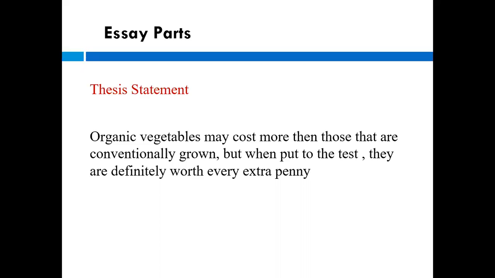But when put to the test, they are definitely worth every extra penny, right? So here, the thesis statement sets up the two subjects to be compared and contrasted, organic versus conventional vegetables. And it makes a claim about the results that might prove useful to the reader.